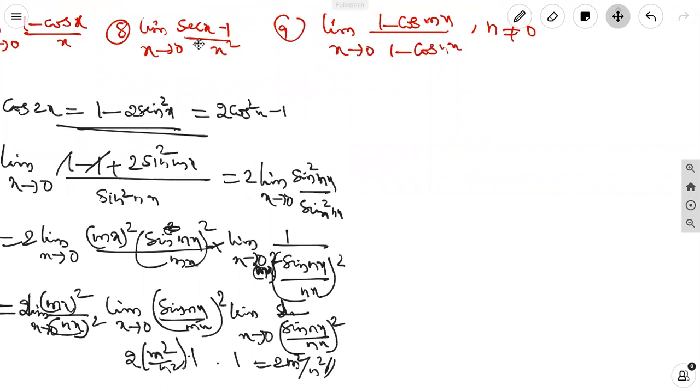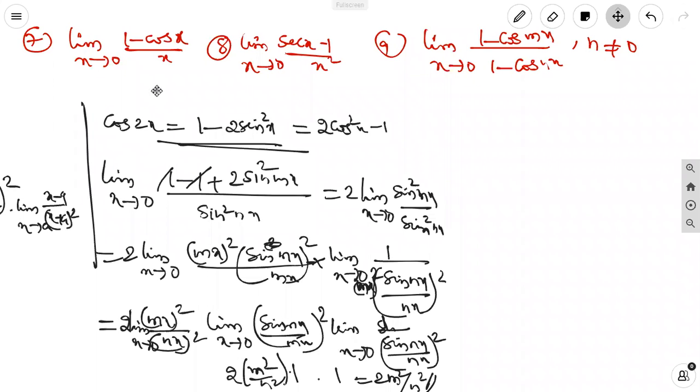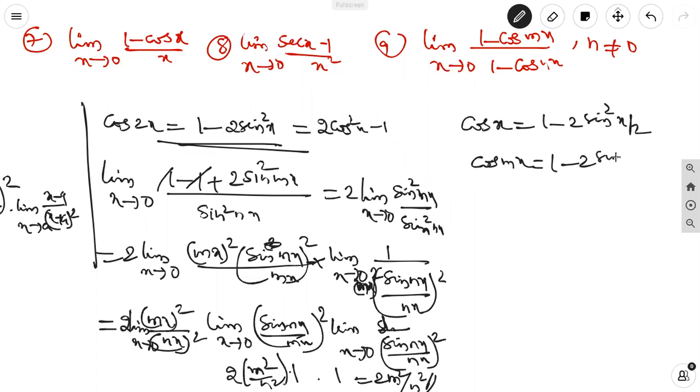Okay. The eighth one you can also write as 1 by cos x, and you can try the 8th and 9th. The 7th is similar to the 6th one only. In that, mx is there, 2mx is there, here x is there. So you can take cos x as 1 minus 2 sine square x by 2. Half of that. Here also, cos mx is nothing but 1 minus 2 sine square mx by 2.